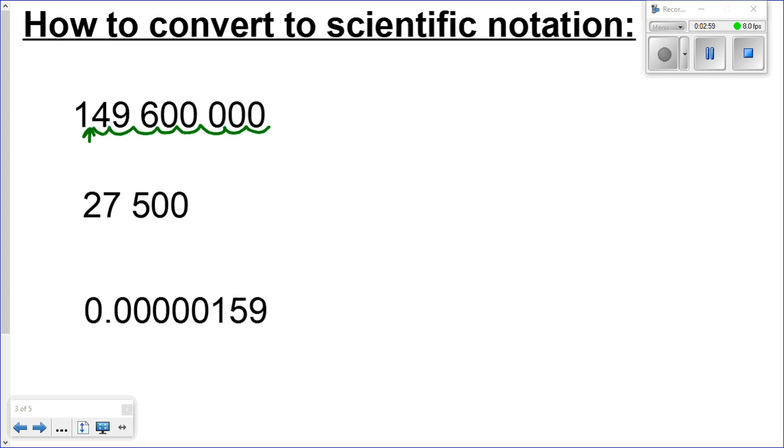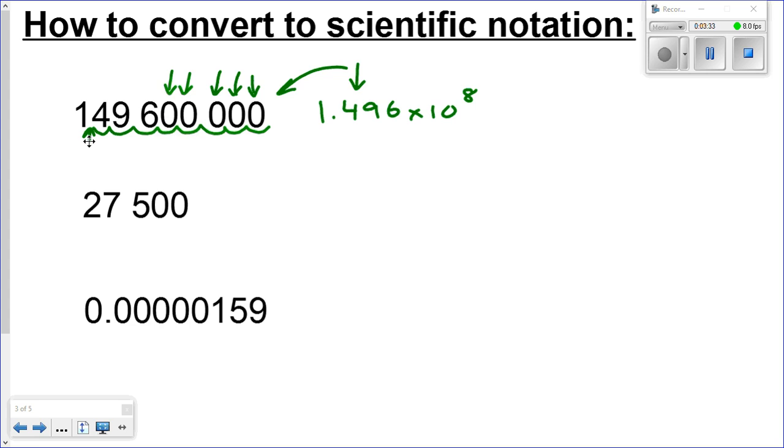So our number is going to be 1.496, and you might add some of these zeros depending on if you actually believe them or not, depending on your measurement system. But we're going to leave it at 1.496, and since we had to divide by 10 8 times to get from this number to this number, we have to multiply by 10 to the 8.